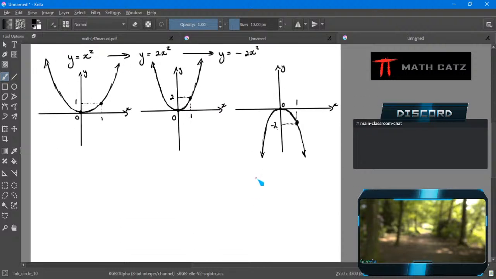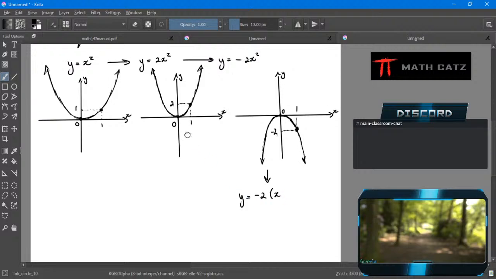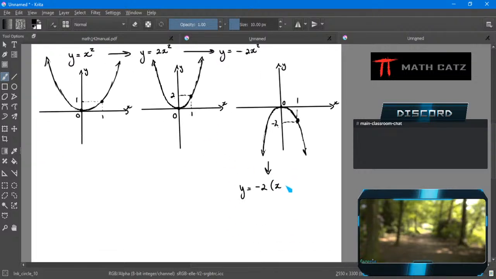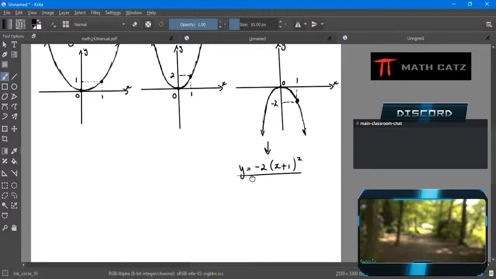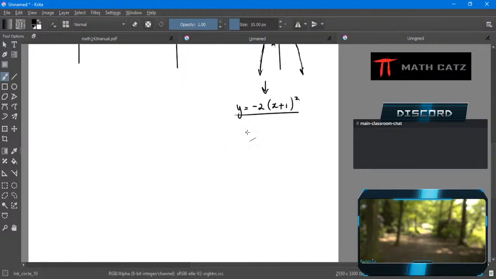And then we said we'll take it down here to replace x with x, what was it? Plus 1. Let's set that up. I have this space so we can make them a little bigger.